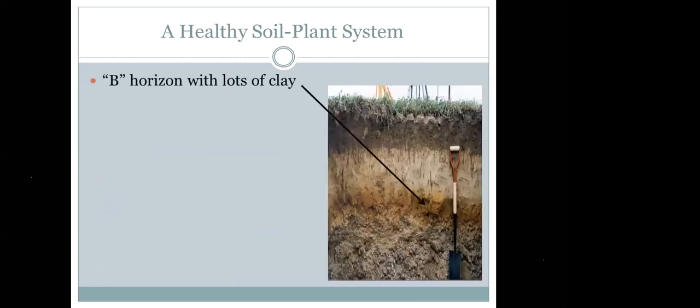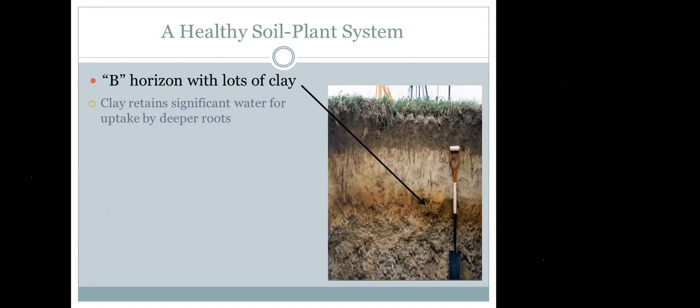Moving down a little bit for a healthy soil and plant system, when you get into your B horizon, actually, people complain about clay. Clay can be very useful because clay retains a lot of water for uptake by deeper plant roots. So most of your plant roots, even your largest tree, will have 90% of its plant roots within the top foot of soil.